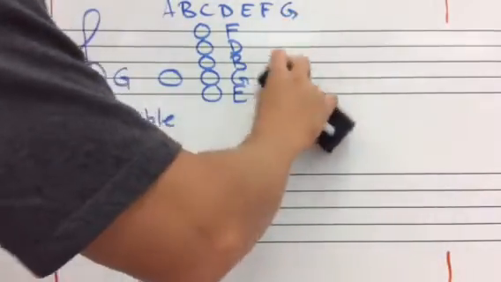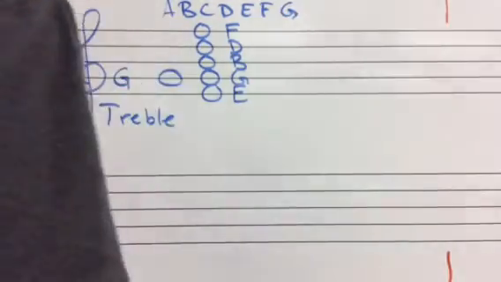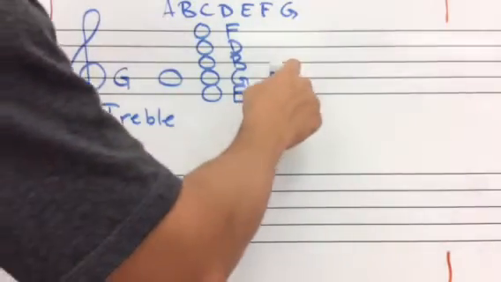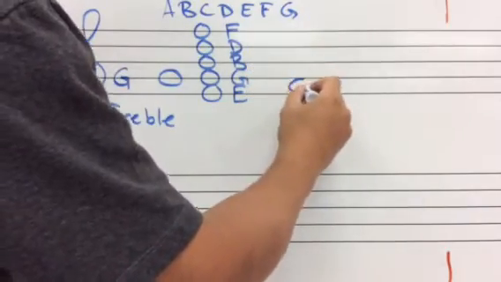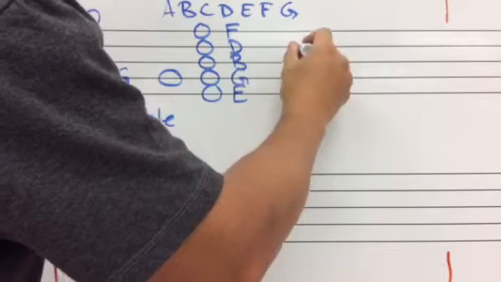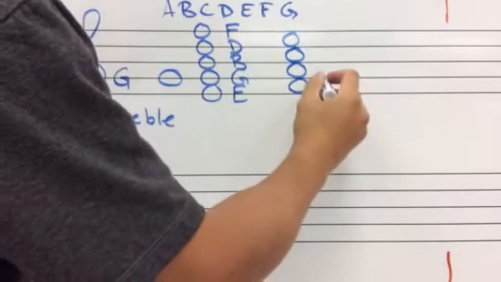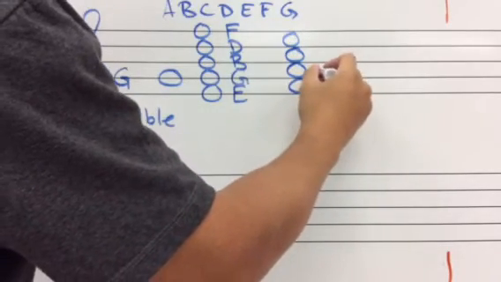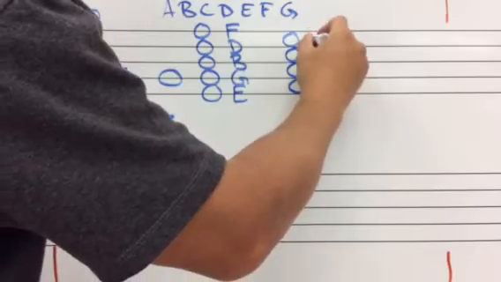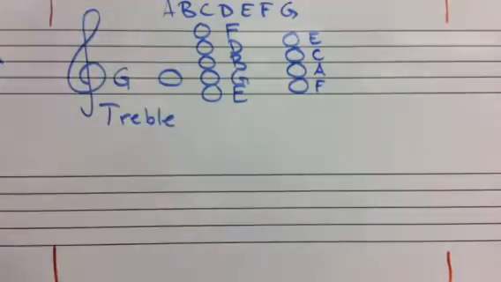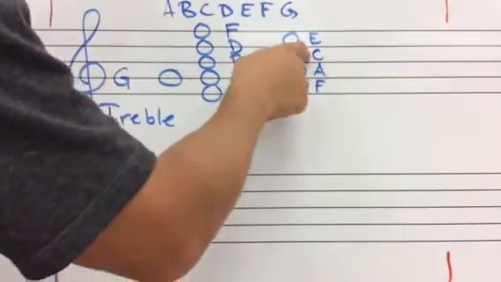Every good boy does fine, or Ernie gives Bert dead fish. That works too. For the space pitches, it spells a word. It rhymes with space. We call it face. F-A-C-E.